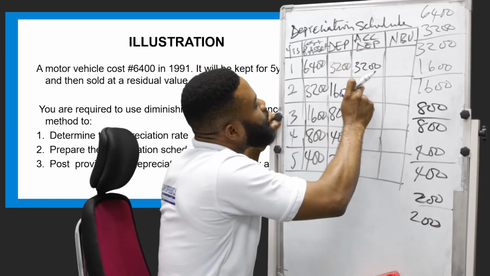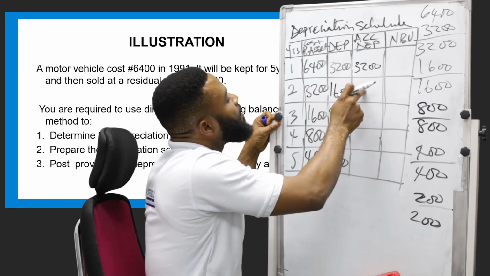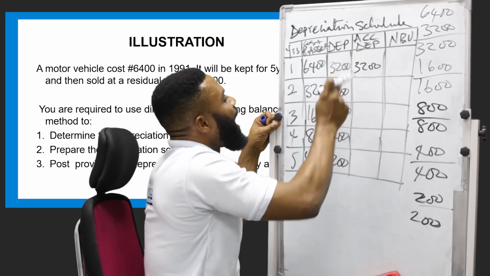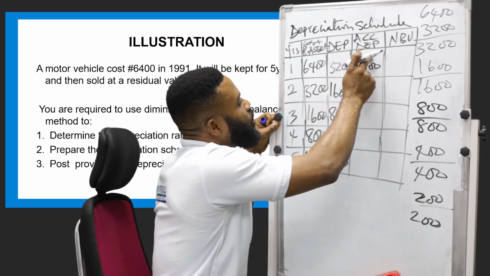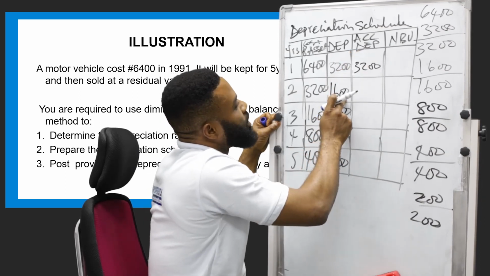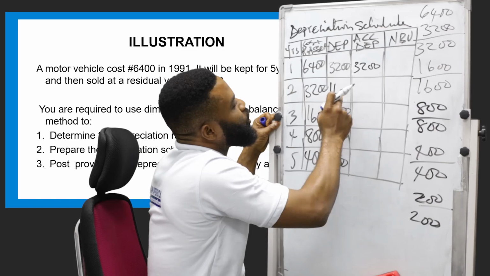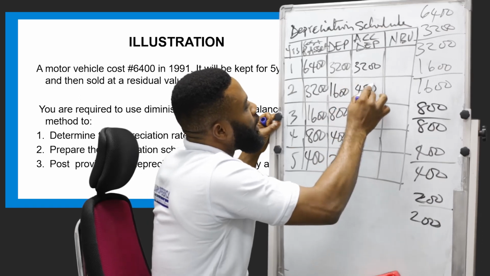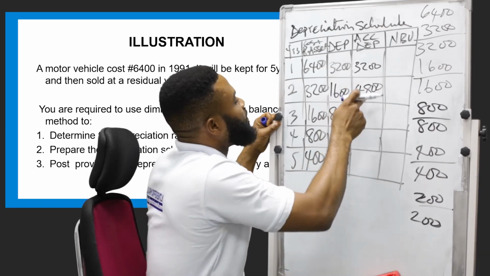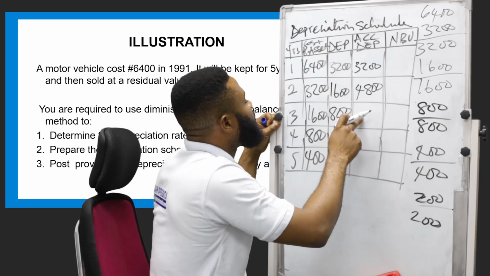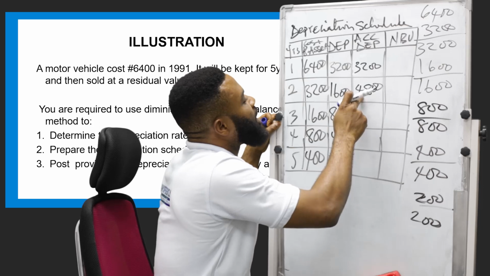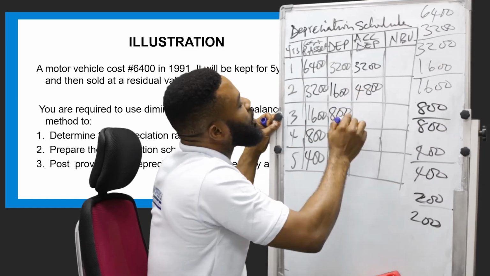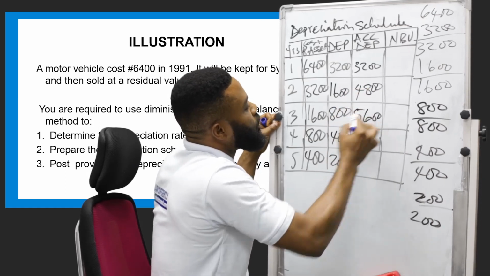Then accumulated depreciation for year 2 is going to be the depreciation of year 1 and the depreciation of year 2. So you are going to add 3,200 to 1,600, which is going to give you 4,800. And then for accumulated depreciation for the third year, you are going to add 800 plus 4,800, which will give you 5,600.